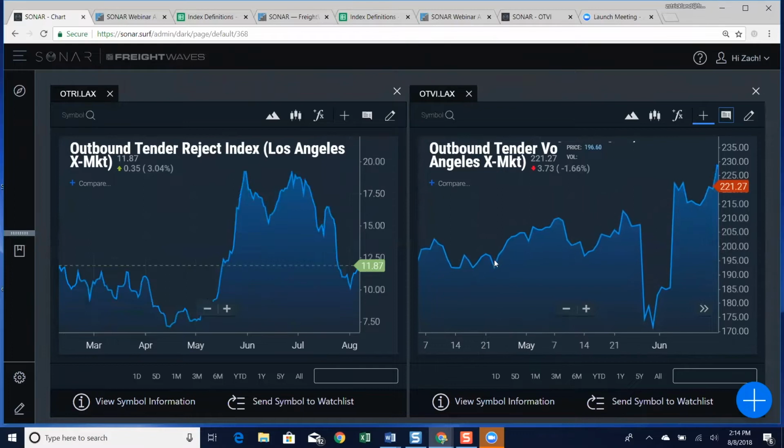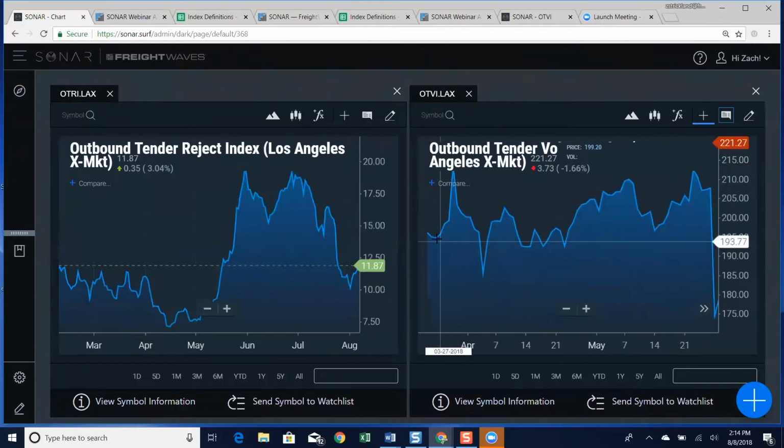You can go back, and on March 1st, the volume of accepted loads in the LA market was about 196. That means 1.96, or almost 2%, of the volume of accepted loads in the United States on March 1st is what LA outbound represents.